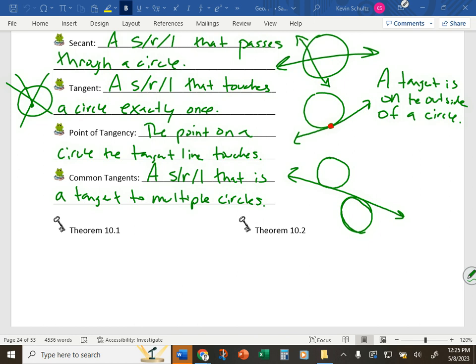The reason it's called 10.1 is that it's the first theorem in the tenth chapter of the book. These names are arbitrary unless it's something like the right angles congruence theorem. Theorem 10.1 just has to do with tangents. There is no fancy name for it.